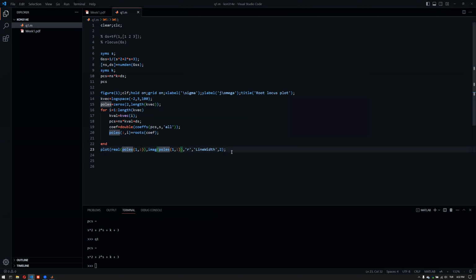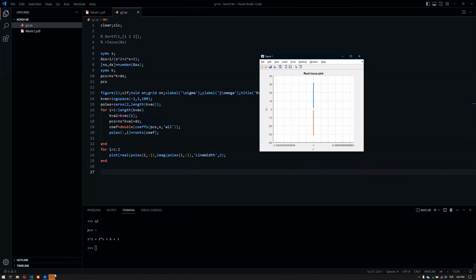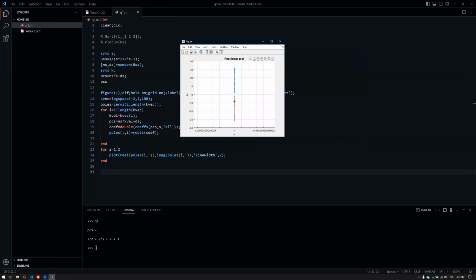So I'm going to use another for loop from i equals 1 to 2, using the ith row and all the columns, without providing any color, because plot on its own chooses its color from its own color map. So there we go. We have 2 branches.